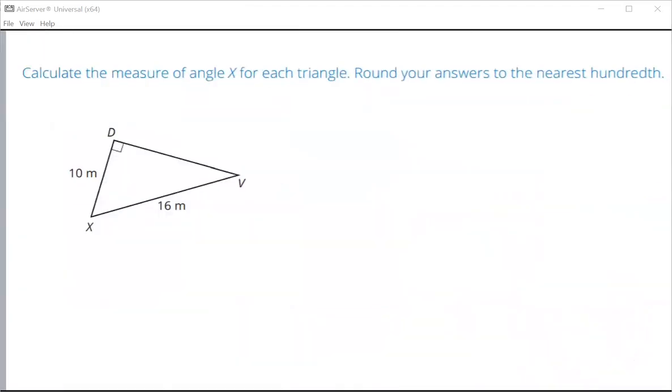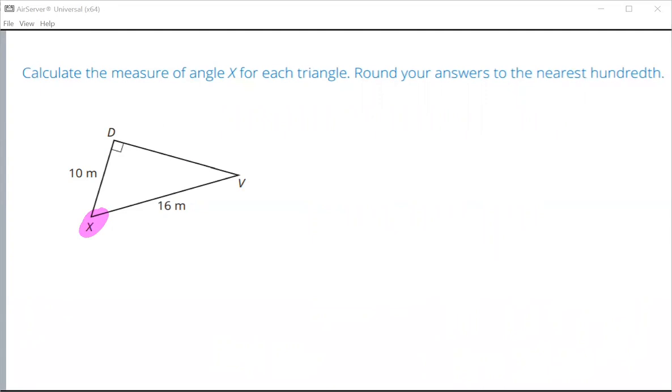In our next example, same thing, we're going to calculate the measure of angle X for the triangle below, and we're going to round to the nearest hundredth. So again, we're going to be using our cosine inverse to find the measure of that angle X. That is going to be our reference angle here.